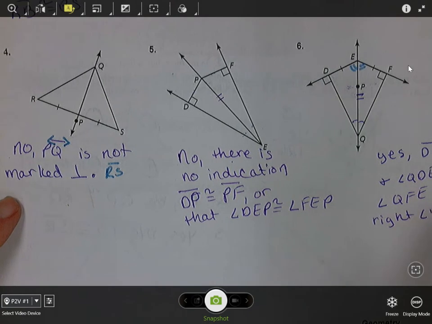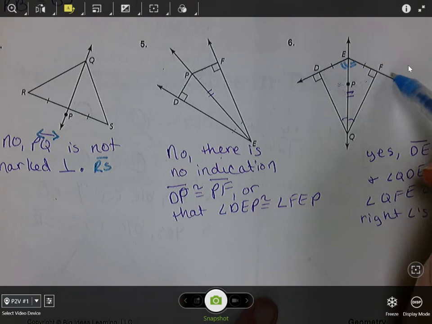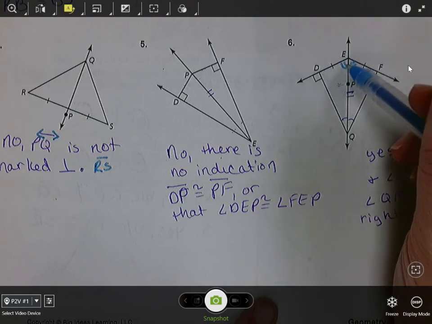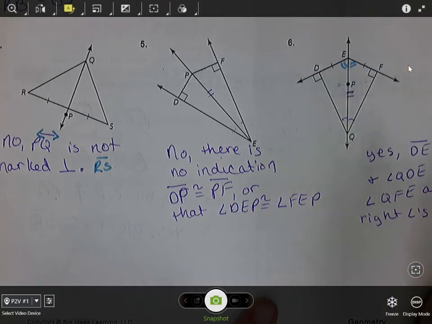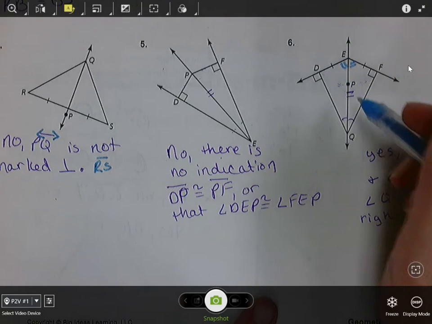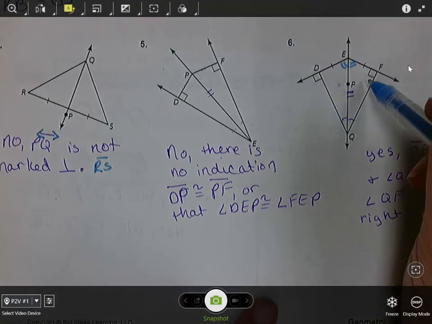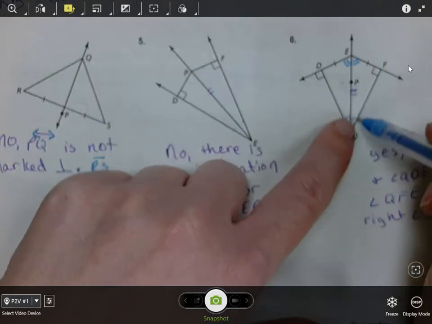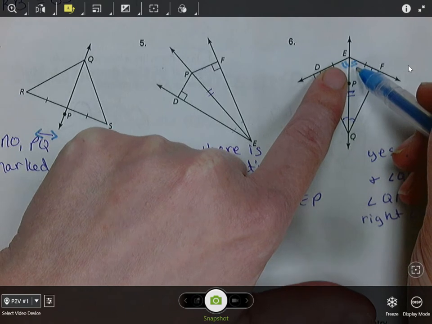Now, number six, the angle bisector is of this angle DEF. So you got to figure out if this line is an angle bisector of this angle here. Well, this side and this side are congruent, and these are right angles, which automatically makes these two angles congruent. And then this makes these two triangles congruent, because if these two angles are congruent and these two are congruent, then that automatically makes the third angles congruent by third angle theorem.